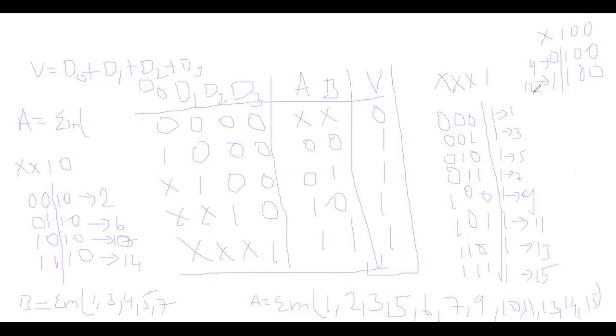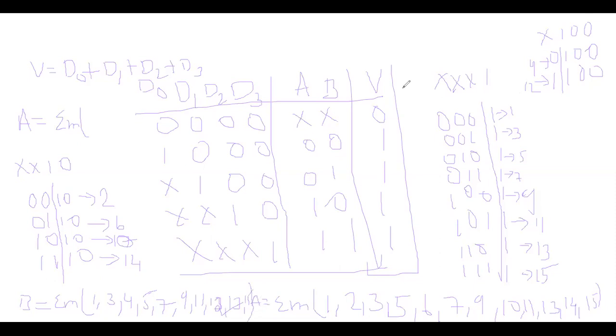Whatever is 1 here and 1 here, those values are the same. 1, 3, 5, and 4 is also there. 9, 11, 13, and 12 is also there, because here we got the 12, 13 and 15. So these are the minterms 1, 3, 4, 5, 7.